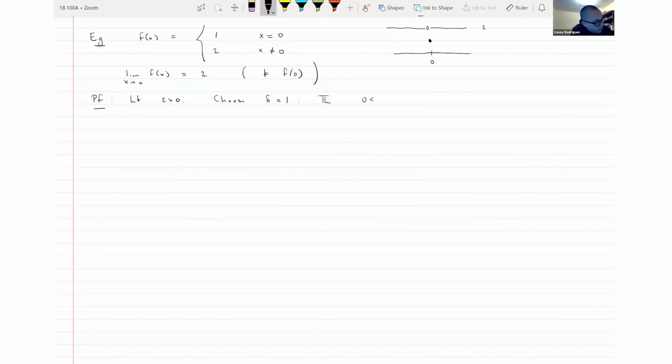Then if 0 is less than the absolute value of x minus 0, which is just x, is less than delta, then this implies x is not equal to 0. And therefore, if I look at f of x minus 2, this is just 2 minus 2 equals 0, which is less than epsilon. Okay.